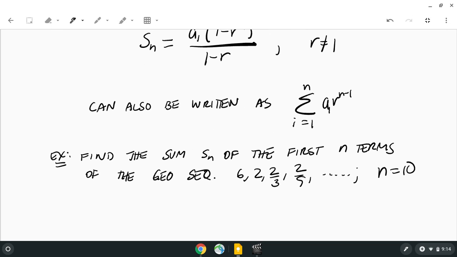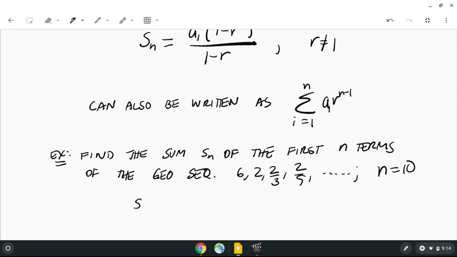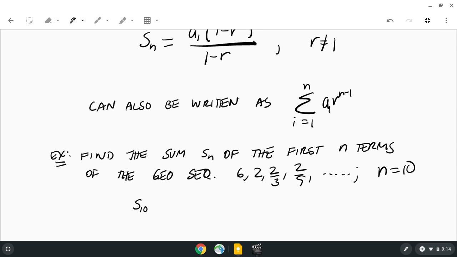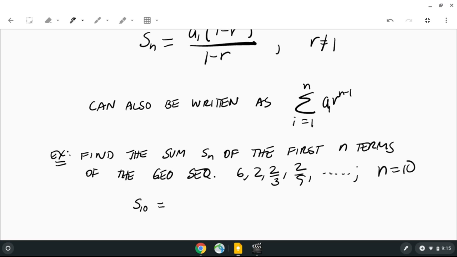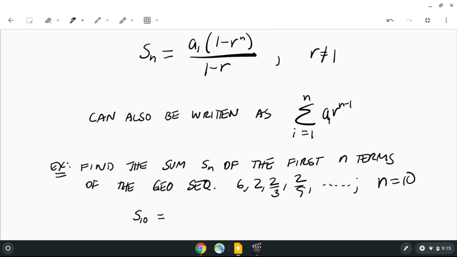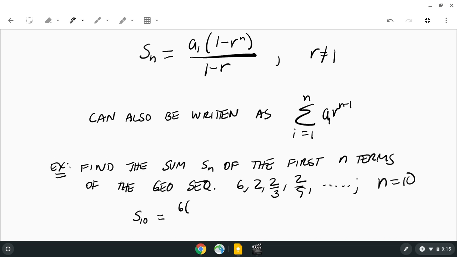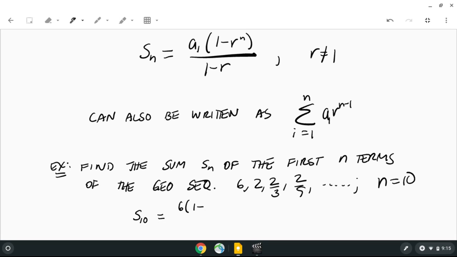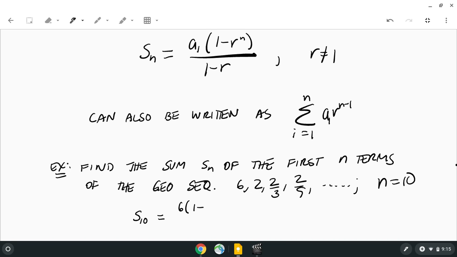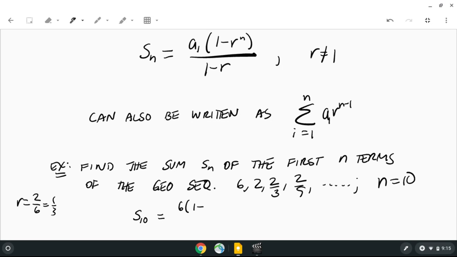So the sum of the first 10 terms is going to equal a1, so that's 6, times 1 minus r to the 10th. r is 2 divided by 6. Again, order matters, so you're doing 2 over 6. So r equals 2 over 6, which is 1 over 3.